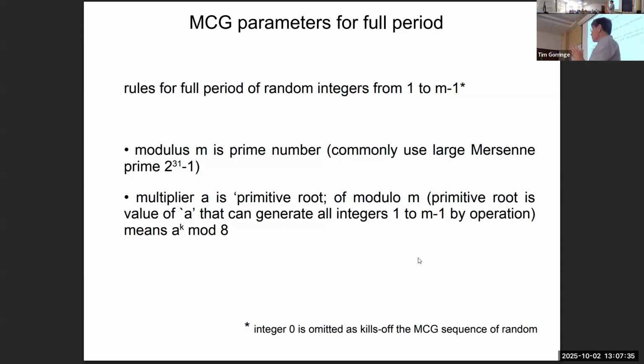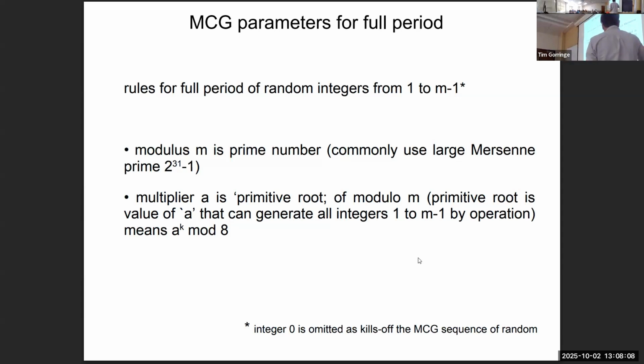If you are able to generate every random number in your sequence from 1 to m minus 1, you're generating the full period. If you made a different choice of M and A and you only generated a fraction of the random numbers between 0 and m minus 1, then that's not a full period. So we want a big value of m, and we want to generate a full period to have a suitable random number generator.